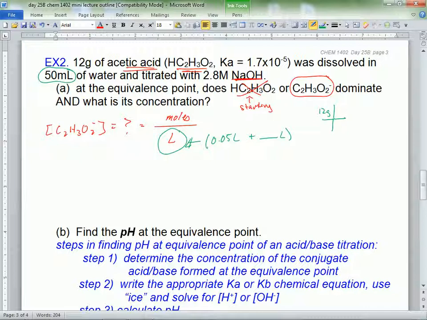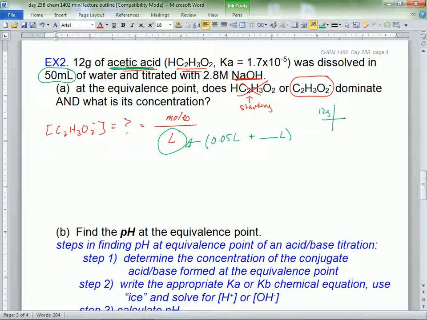Oh, okay. So you take that one, you divide it by the grams. Yeah, I have to add it all up. Are we adding up the formula for the C2H3O2? The HC2H3O2, because it's 12 grams of acetic acid.